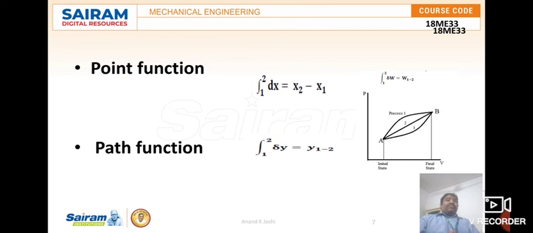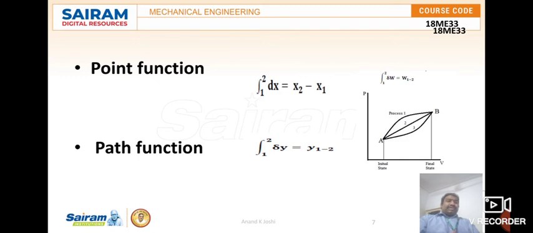But path functions we cannot define that way, because path functions are indefinite states, like work and heat. For work, only after the completion of the work can we say how much work is done. At the beginning state we cannot say how much work is done.